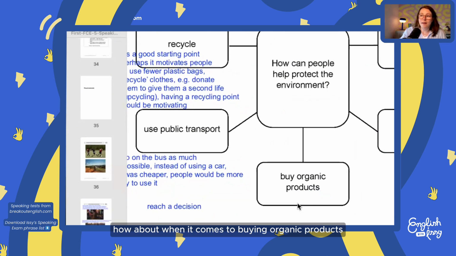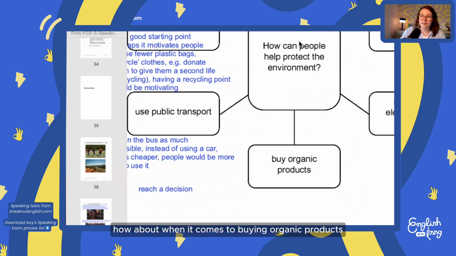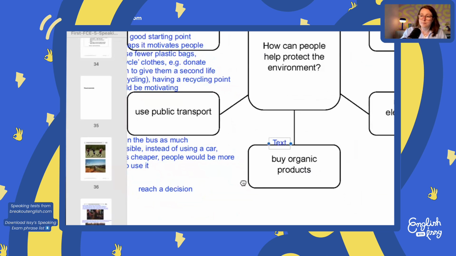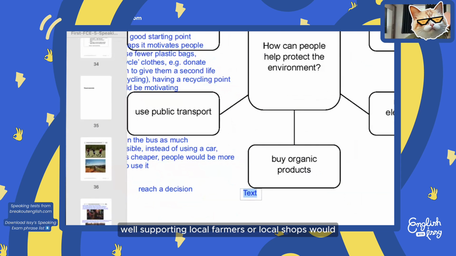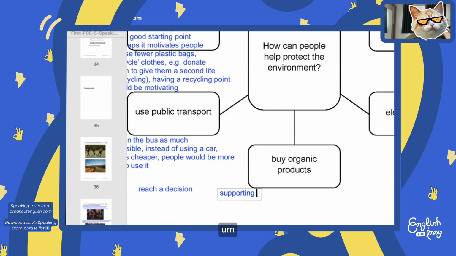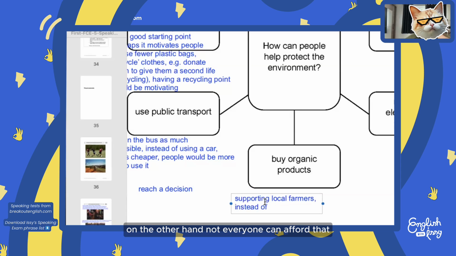How about when it comes to buying organic products? Is that a way that people can help protect the environment? Well, supporting local farmers or local shops would be definitely beneficial. But of course, on the other hand, not everyone can afford that.